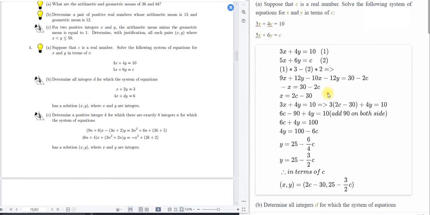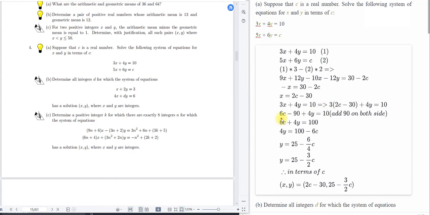And now we substitute x in equation 1 with 2c minus 30. So the equation becomes 3 times (2c minus 30) plus 4y equals 10. And we solve this equation, we get y.